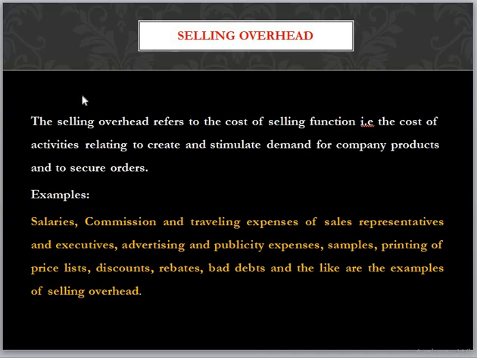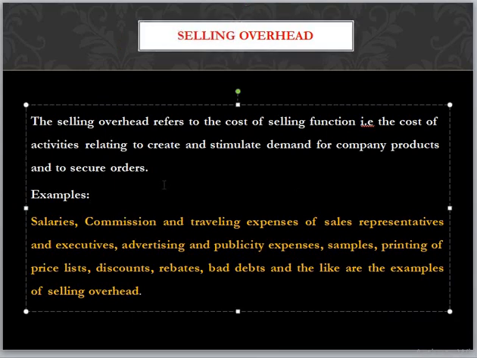Next is selling overhead. The selling overhead is nothing but the cost of selling function, the cost of activities relating to creating and stimulating demand for company products and to secure orders. So we can say selling overhead means all those indirect expenses which are related to selling of your goods.